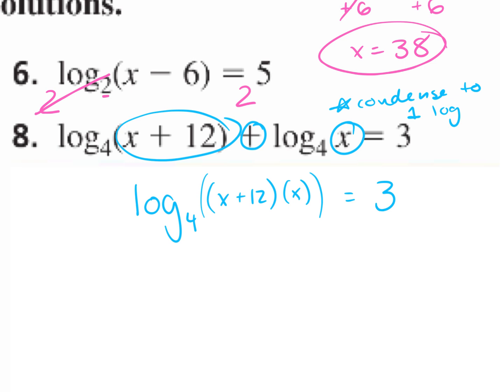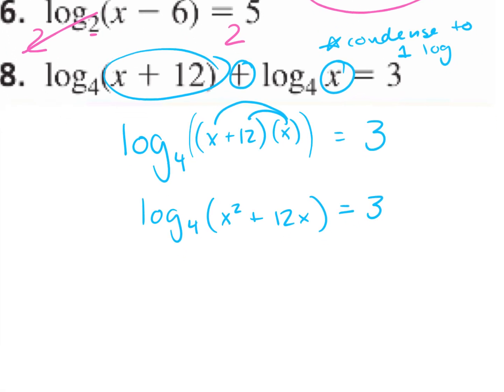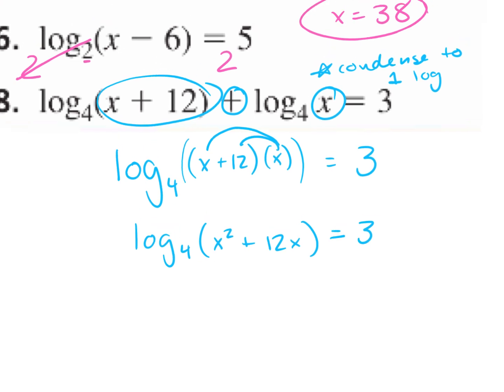All right, let's multiply these together on the inside. So I have to distribute. So I have log base 4 of what? X squared plus 12x. All right, now how do I get rid of that log? What did I do in the last one?